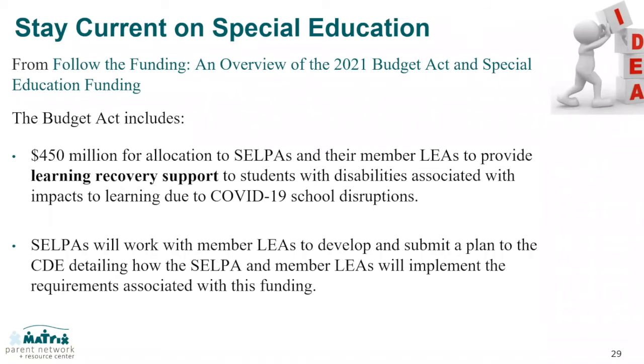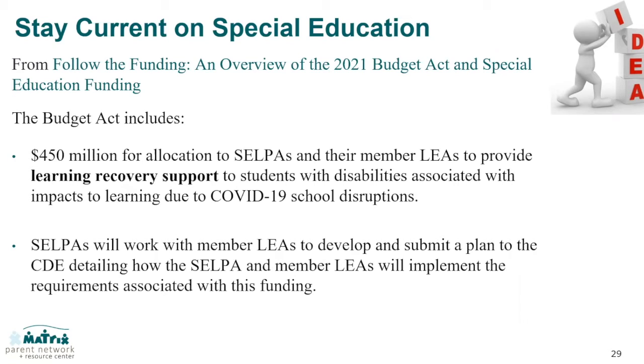And then probably the one we want to leave you with, the one that's probably most relevant, is that there'll be $450 million allocated to SELPAs across the state to provide learning recovery support to students with disabilities associated with impacts to learning due to COVID-19.